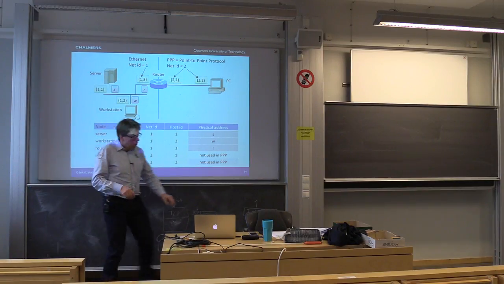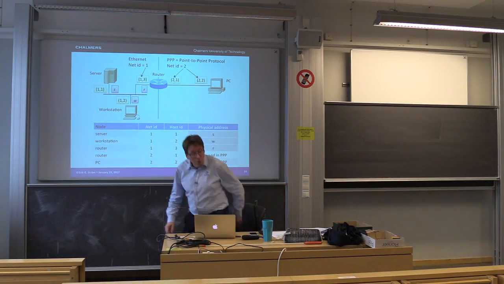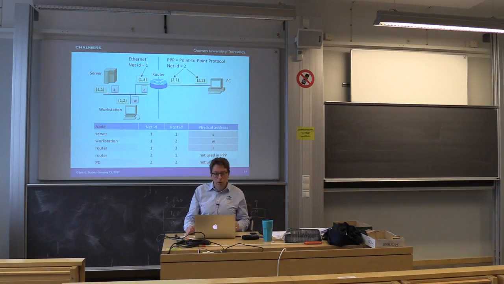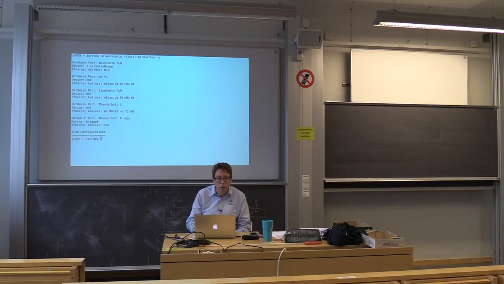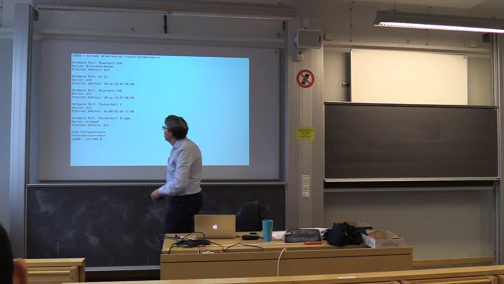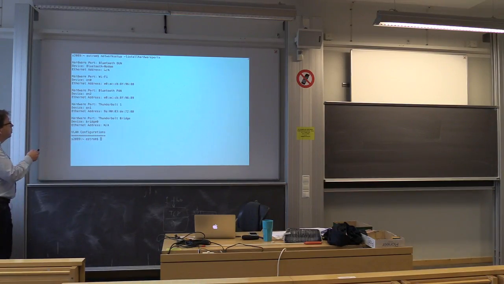Okay, and again, you can read about this and you can almost play around, maybe not interacting directly with ARP. For instance, if I want to figure out what network interface cards I have in this computer, I can use a command on the Mac that looks like this. It's called networksetup, and then there is a long qualifier that says list all hardware ports, and then I hit return. These are the hardware ports or network interface cards available on my machine. It has a Bluetooth modem, right?